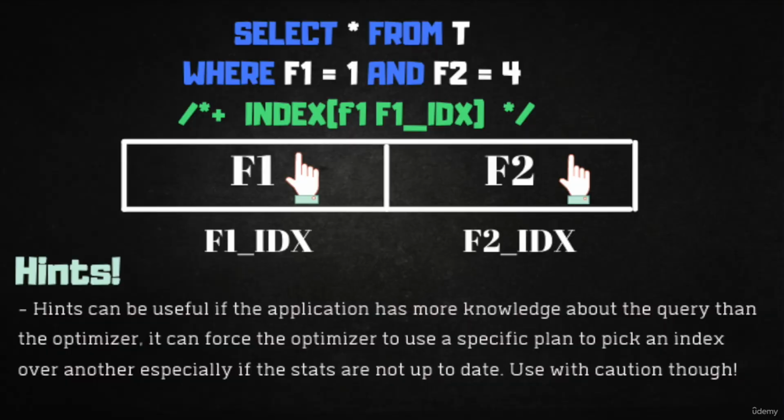And for those who want advanced stuff, if you really know what you're doing, you can use database hinting. In the query, you can include some sort of comment, like the one you're seeing on the screen, to force the database. It's like saying, hey, database, you're dumb, you don't know anything, please trust me. I want you to always use the index of F1 or the index of F2, because I have more knowledge than you do in certain situations.